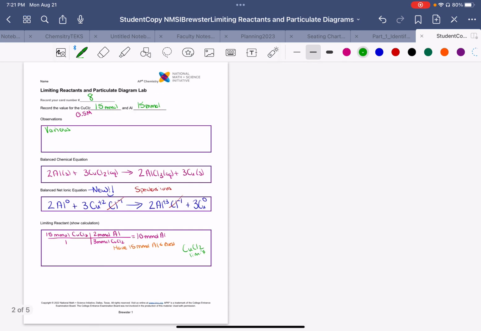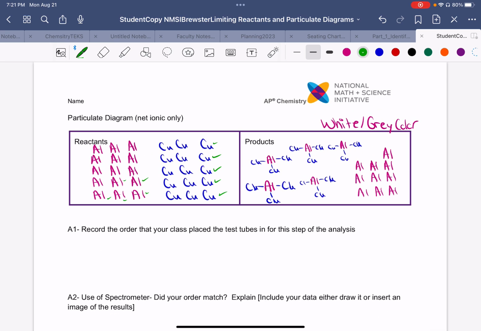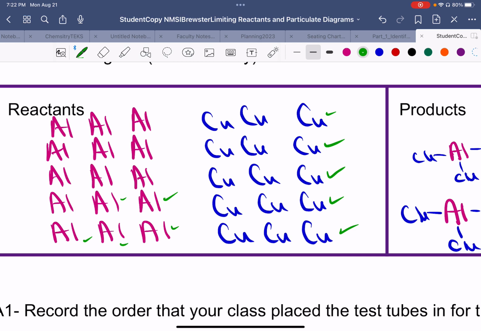The other way that we want to look at it is by a drawing. It doesn't matter if you draw dots, whatever. I drew elements. I'm not going to be too worried about necessarily the shape on the right side. So I went in here and I drew out my 15 aluminum, 15 copper.